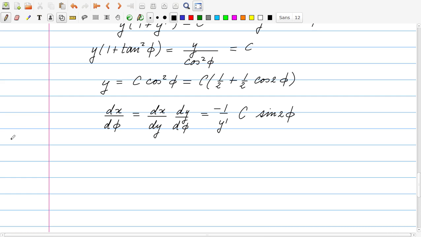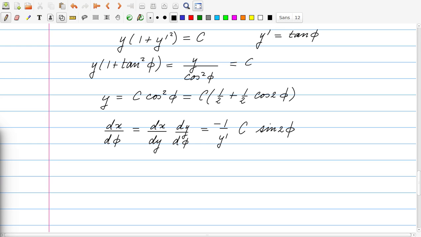Because we know y', we chose that to be the tangent of phi. So I can write this as minus c sine 2 phi divided by the tangent of phi.